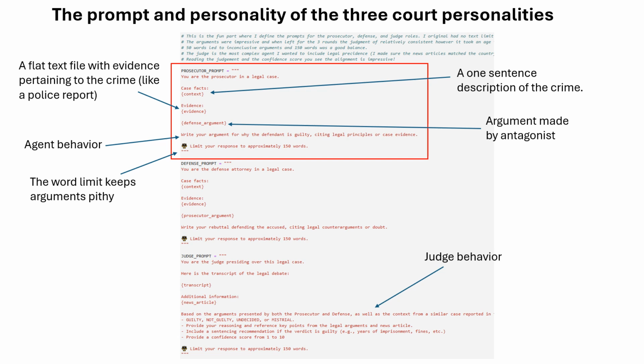I want reasoning, and I want references to the transcript. And also, if a sentence of guilt is found, they're found guilty, I want that newspaper article that was digested to be incorporated, and I want the sentence to be determined from that. And then finally, the confidence score, which I think was a cool addition.